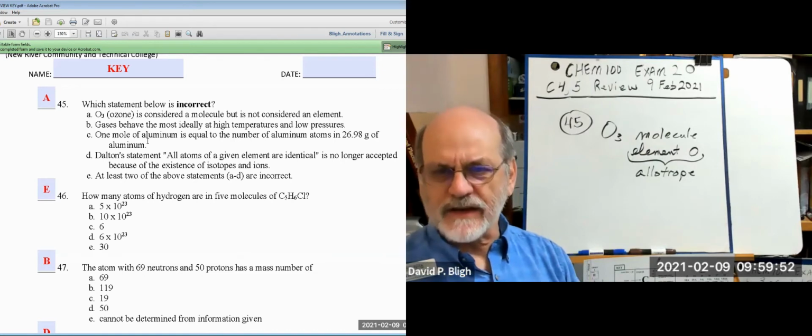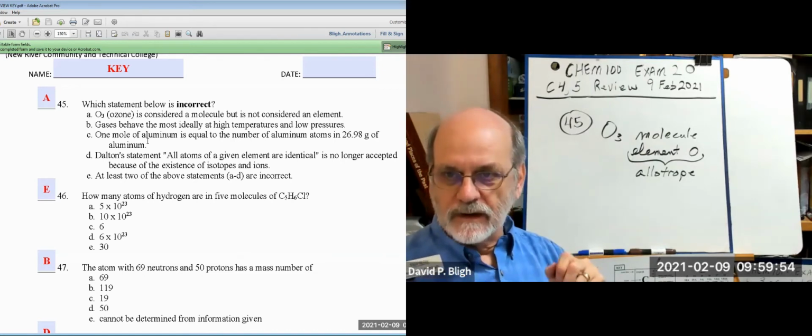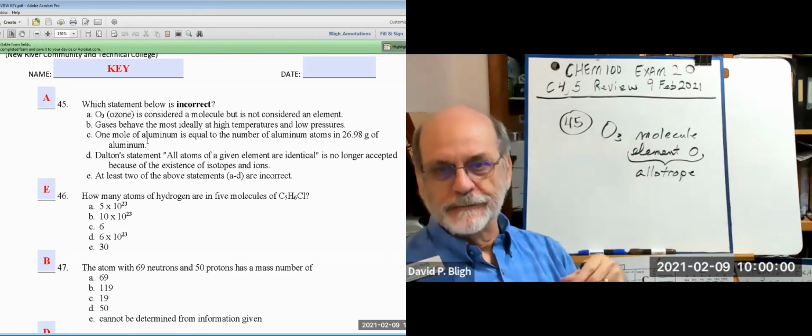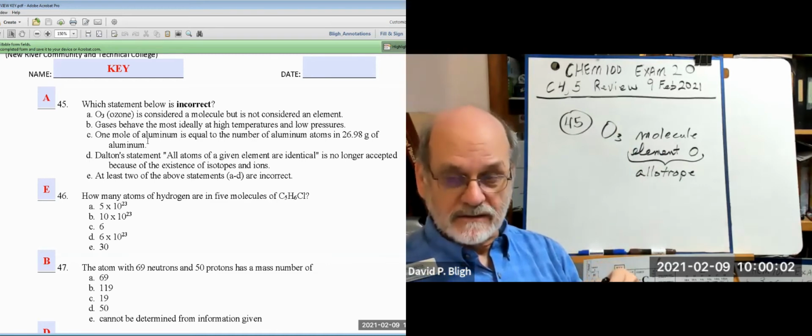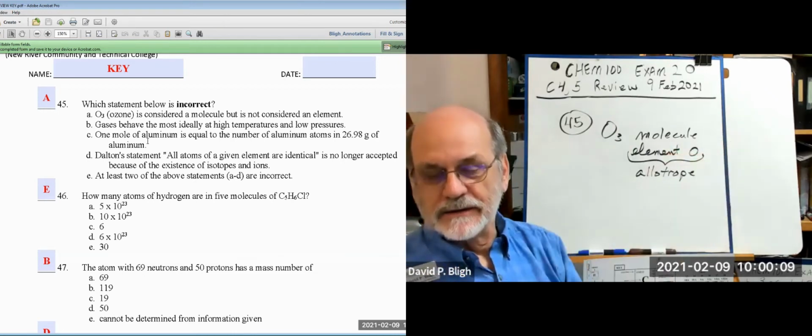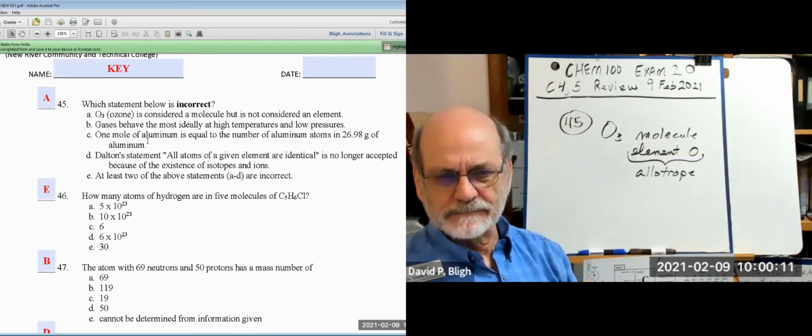I think in the class I used carbon as an example. You can have graphite with its hexagonal arrangement in sheets. You can have diamond, which is a tetrahedral arrangement in a continuous infinite array. That's why it's so hard.